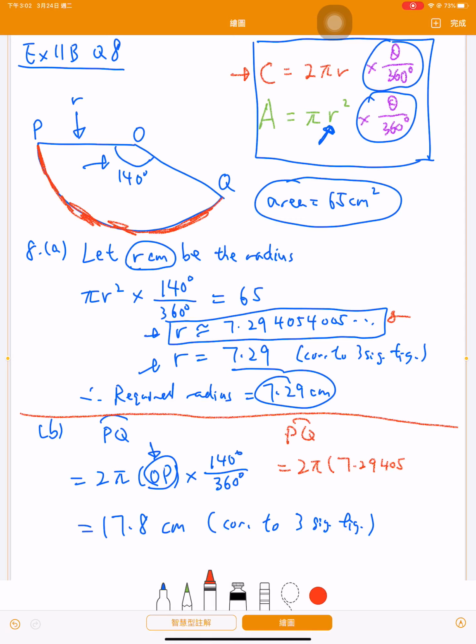We may take more. And usually, you may take 5 digits is okay. For 3 significant figures, you may take 5 significant. And here I take 6. You can take more, and then times 140 degrees divided by 360 degrees. Then you can calculate by the calculator again.